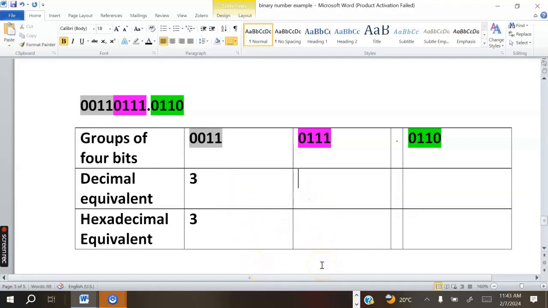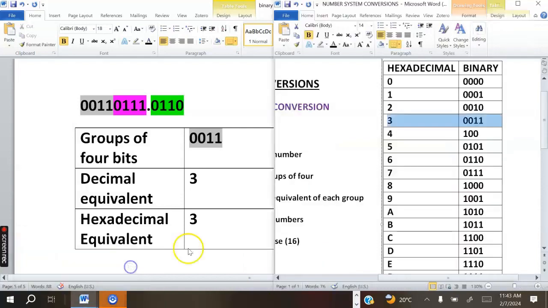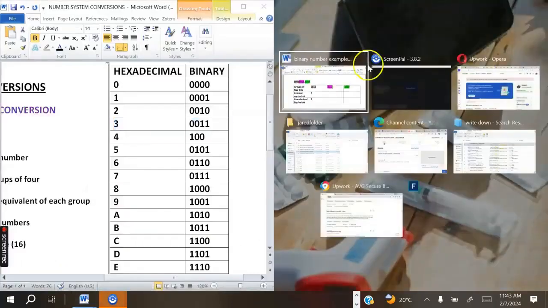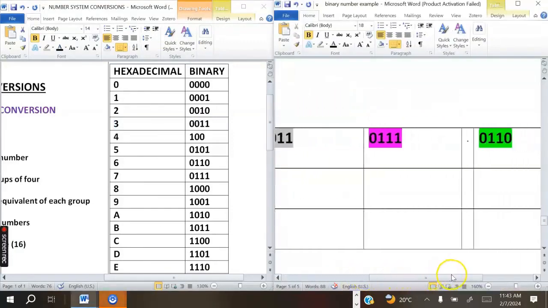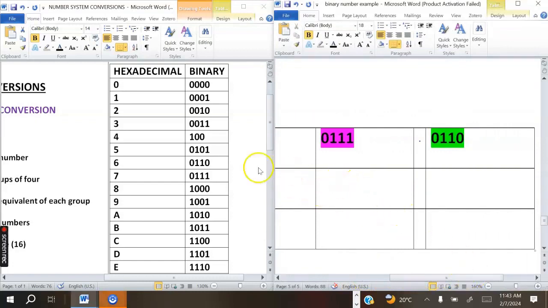Then for 0, 1, 1, 1, it's supposed to be 7, as you can see.